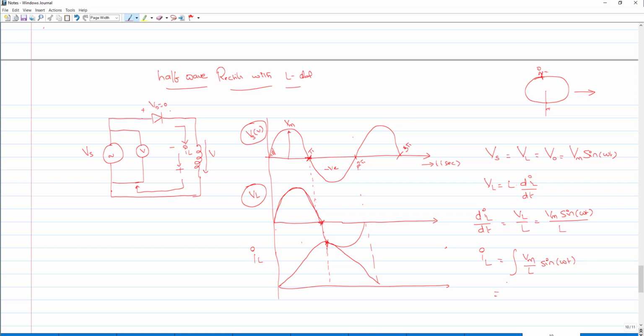Take Vm by L outside. The integral of sine omega t is minus cos omega t, divided by omega, plus a constant.